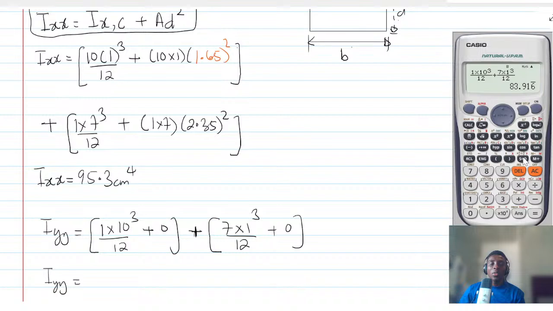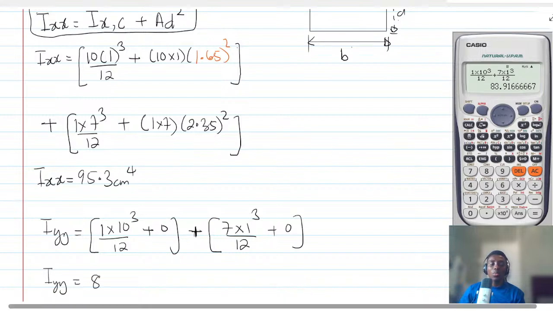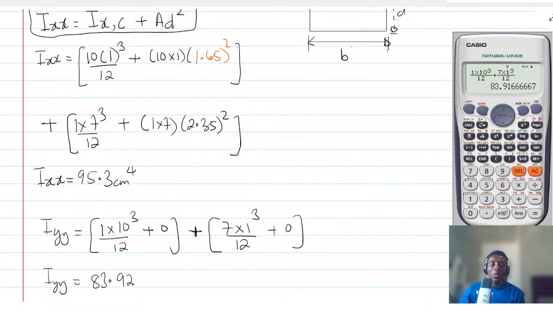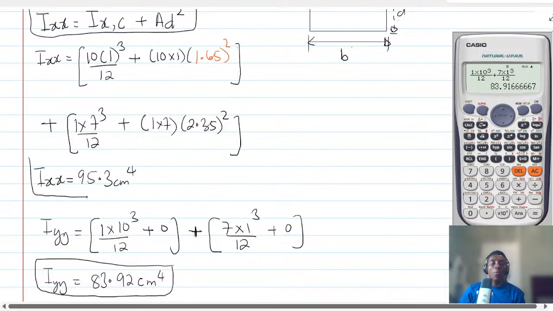So you have 83.92 centimeters to the power 4. So we have IXX, and then we have IYY.